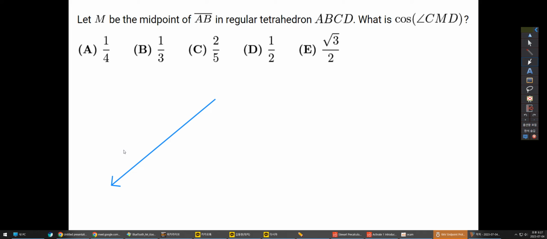So I'm going to use these three-dimensional coordinates. So the base is located in the xy plane, and it's an equilateral triangle.